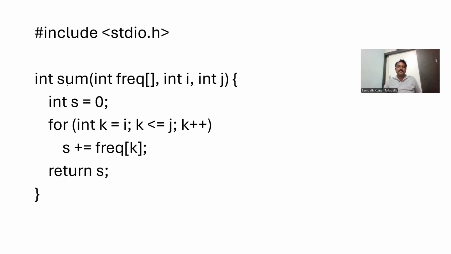As a part of the program, we are going to write a function here. The name of the function is sum, which is going to take frequency as the argument, and then it is going to take the value of i as the second argument and j as your third argument.